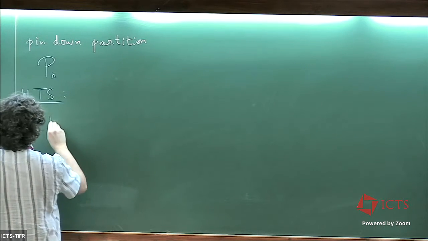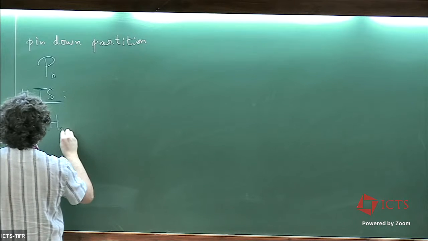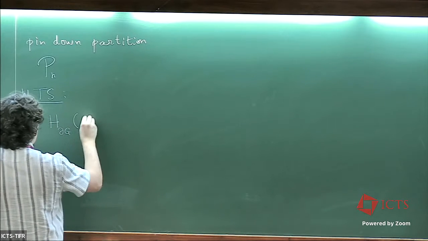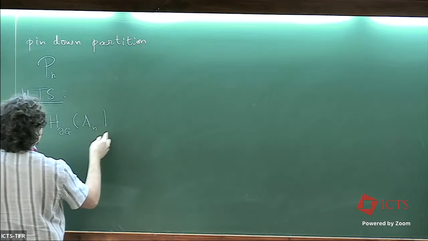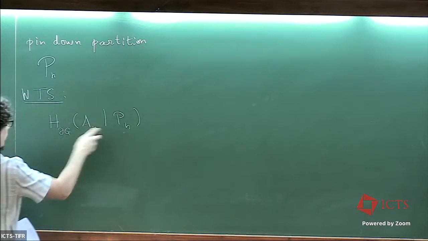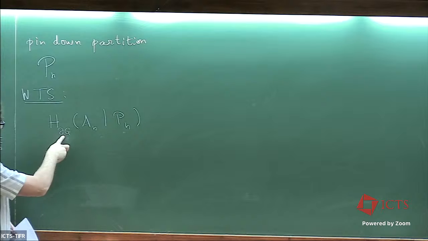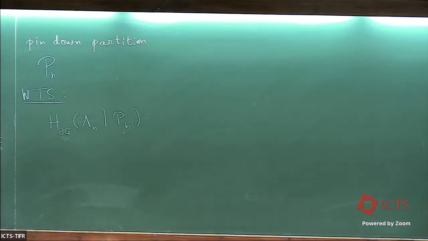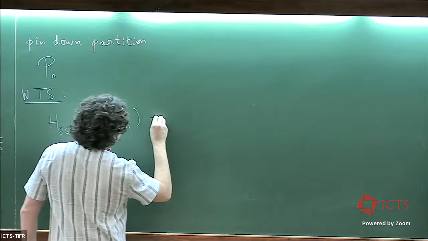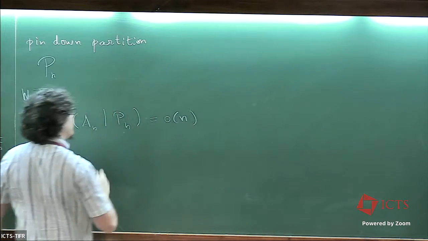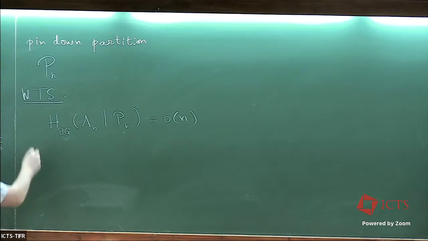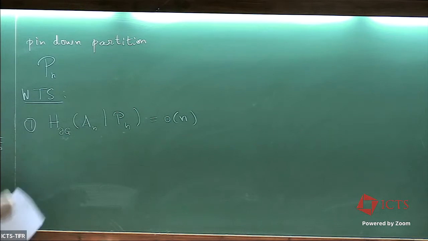The first one is that the entropy of the n step of the walk, given this additional information and also given a boundary, is small o of n, so it's sublinear. This we already more or less gave the proof of yesterday, but we will revisit it briefly.